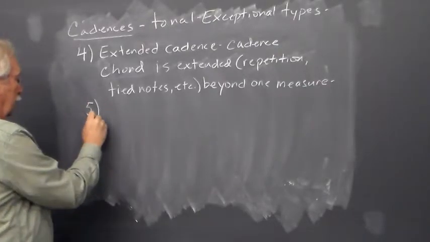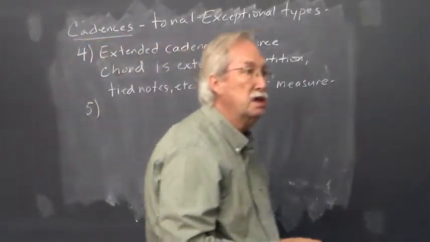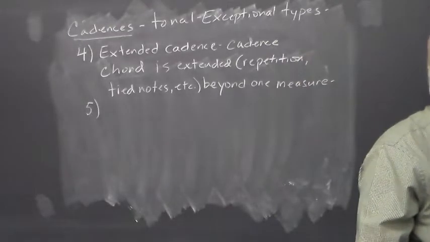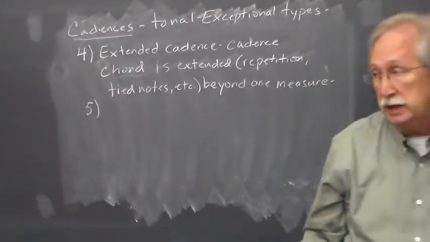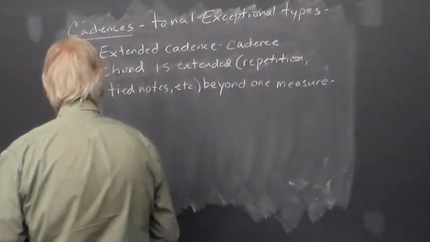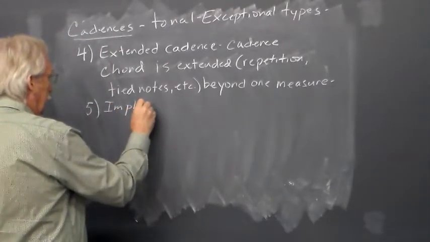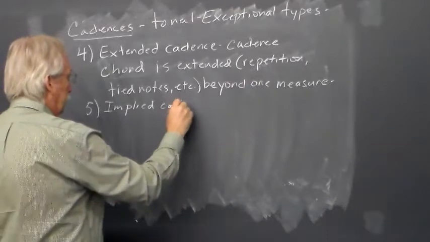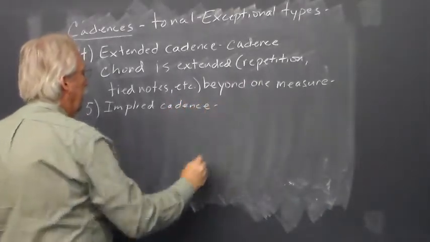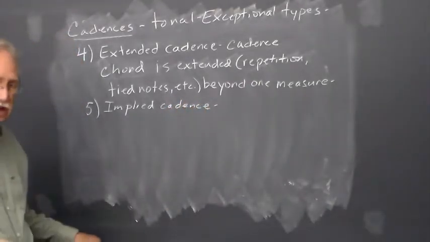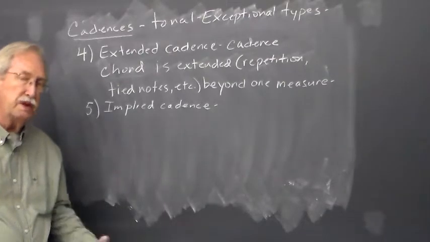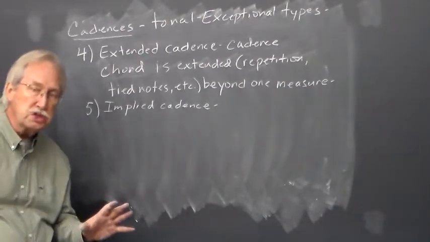All right, the next is called the implied cadence, and that's a situation in which the cadence chord sounds, but it's missing the root.